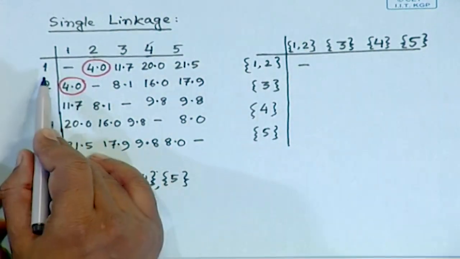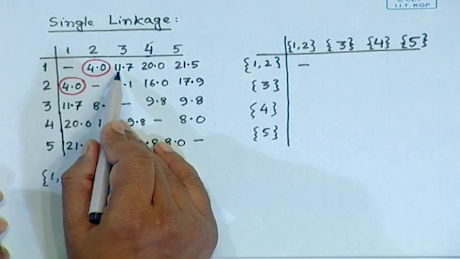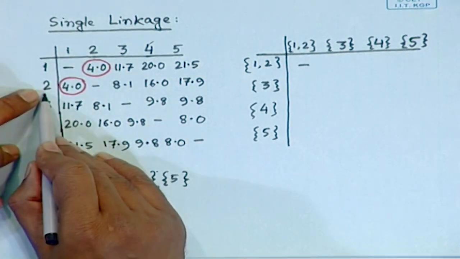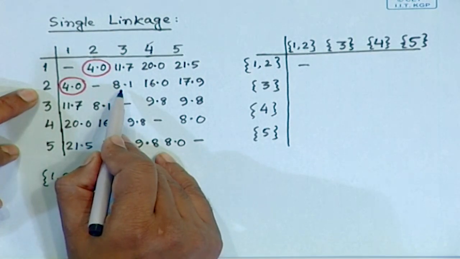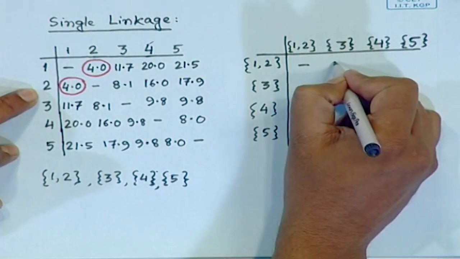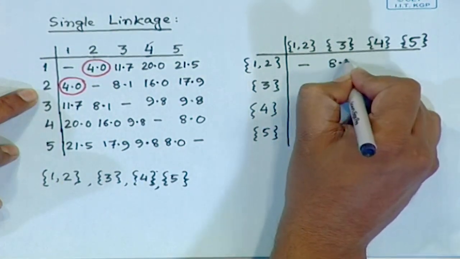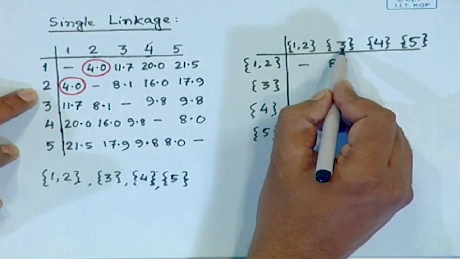Okay. So, from here you can find that the distance between 1 and 3 is 11.7, the distance between 2 and 3 is 8.1. So, minimum of these two is 8.1. Okay. So, I have to take that 8.1 as the distance between this cluster and this cluster.